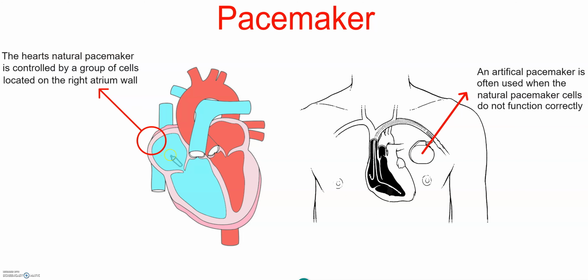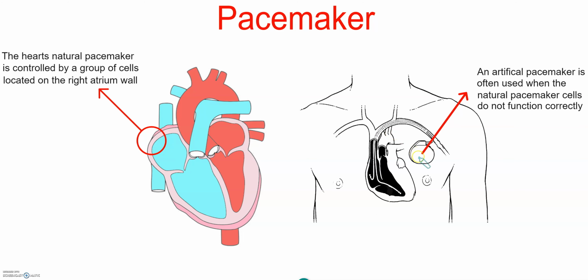So this is the right atrium, and this is the wall of the right atrium, and this is where you will find the heart's natural pacemaker cells. These cells produce a small electric impulse, which spreads to the surrounding muscle cells, causing them to contract.